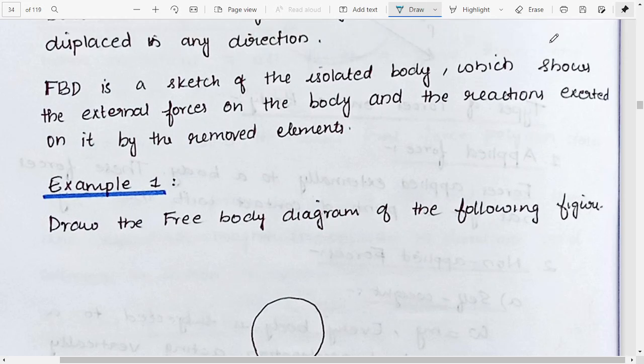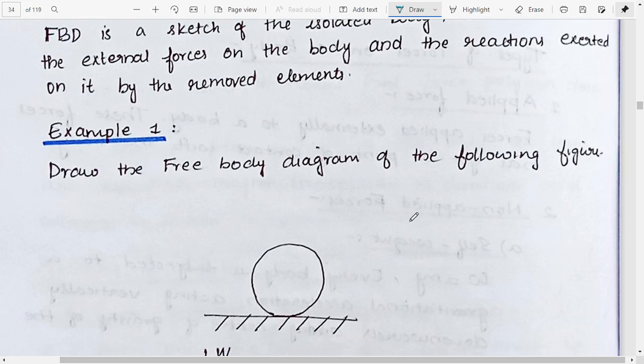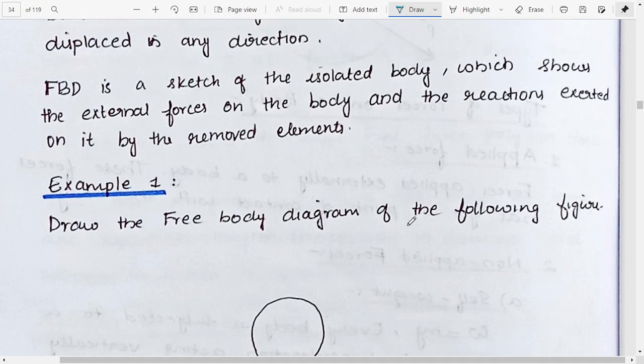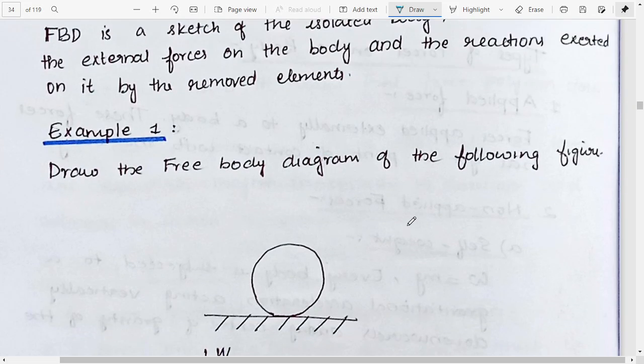We need to draw the free body diagram of the following figure. The concept says it is a sketch of the isolated body. So we need to draw the circle first, and not the ground where it is resting, and then we should draw the forces acting on it. So what are the forces here?